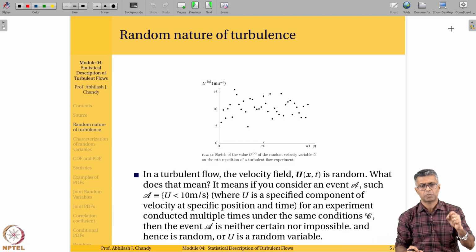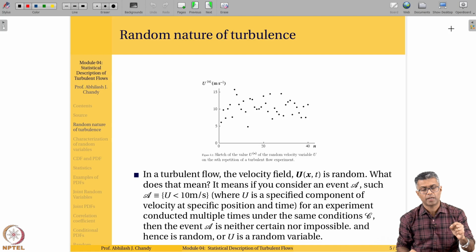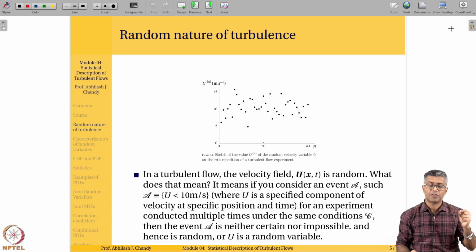So the velocity is measured at a particular point in space and possibly at a particular point in time as well. But each dot in this graph represents a separate repetition of the same experiment.